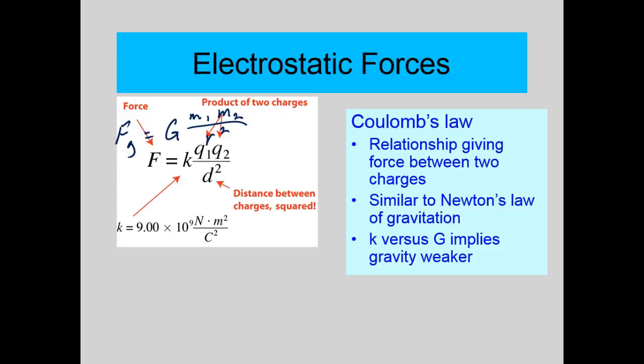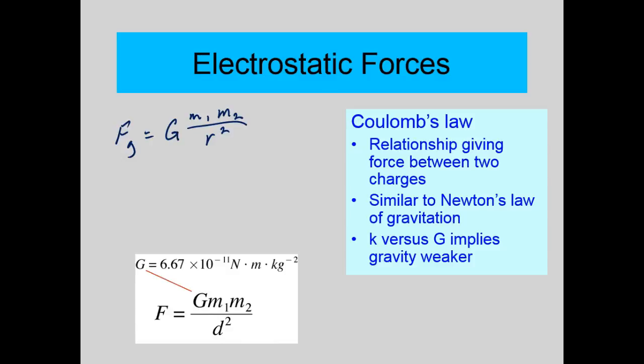And let's see what it is. If you remember back, G was 6.67 times 10 to the negative 11 Newton. Now here they missed something. That should be meter squared, okay, because it's in the denominator. Now let's see, I think in the book, do they have this in the book?